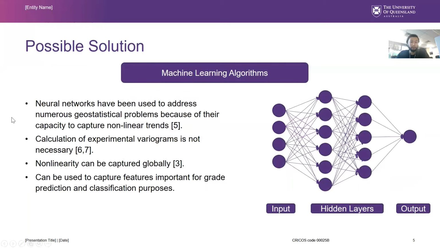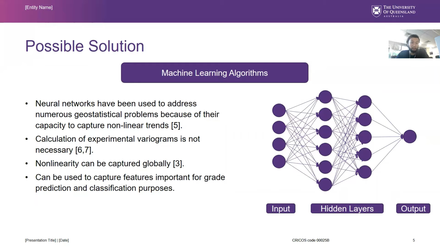The possible solution. Machine learning algorithms can be an alternative to handle these issues, since neural networks have been used to address numerous statistical problems because of their capacity to capture non-linear trends. They can be used in the estimation of ore grades.